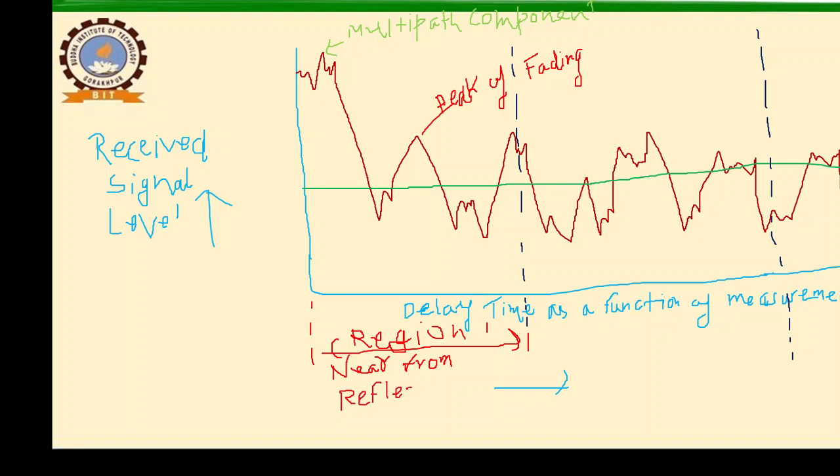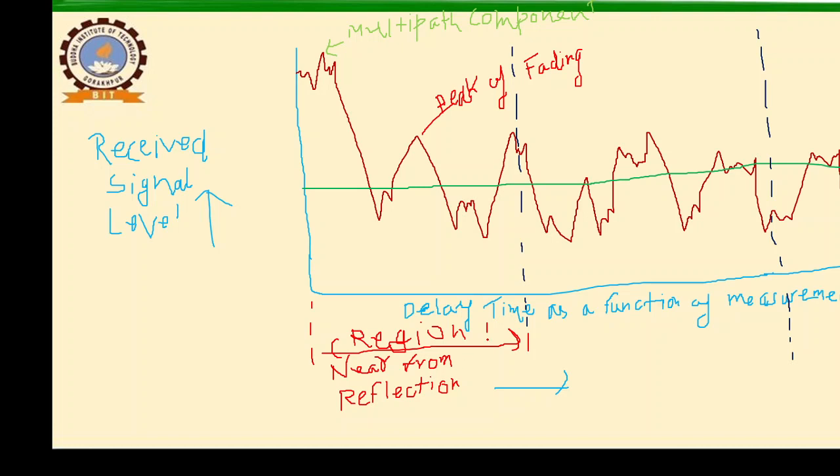So this fading occurs due to the reflection mechanism, when the wavelength of the transmitted signal is more at arrival at the receiving end, so reflection is taking place.